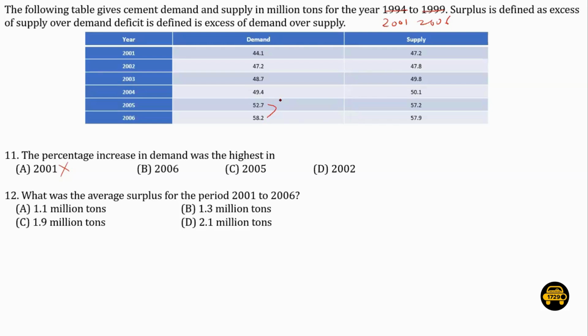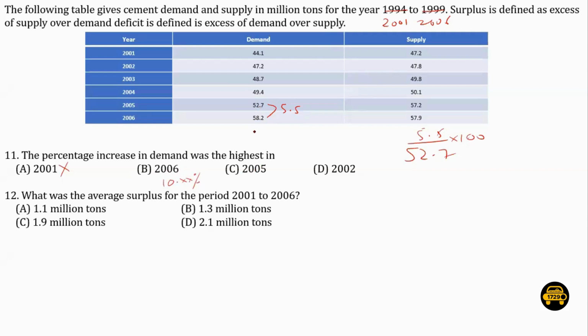So the difference here is 5.5. 52.7 is the base value, and the increase is 5.5. We need not do this much calculation. We can straight away say that 10% of 52.7 is 5.27, so the increase is a little more than 10%. So right now we can just write somewhere that 10 point something percent increase is in this year.